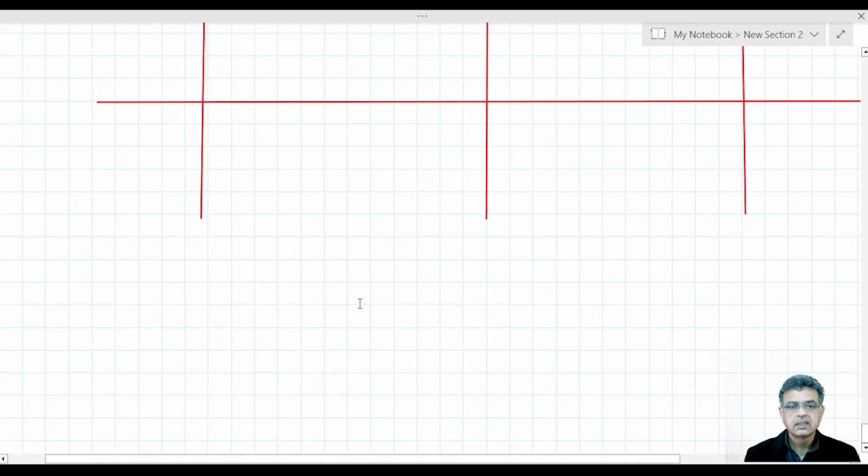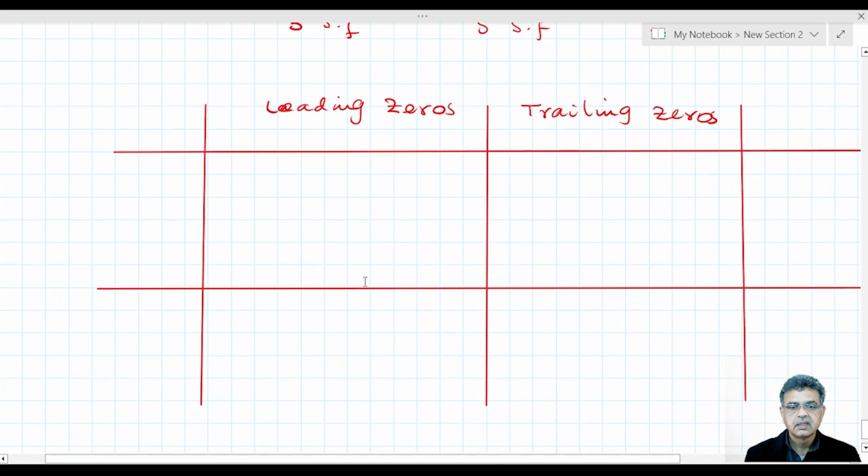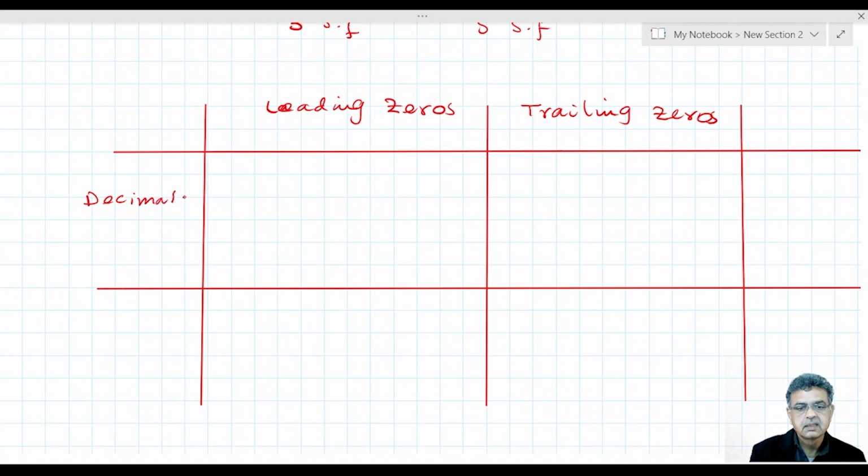So this row is for decimals and this is for whole numbers.